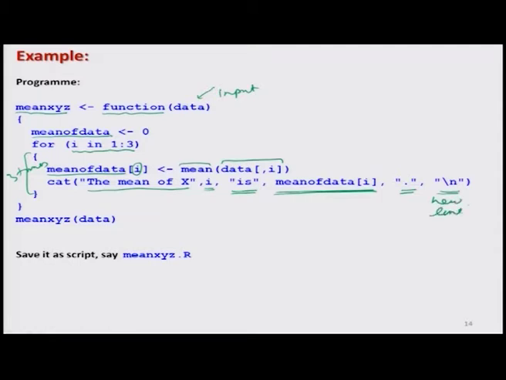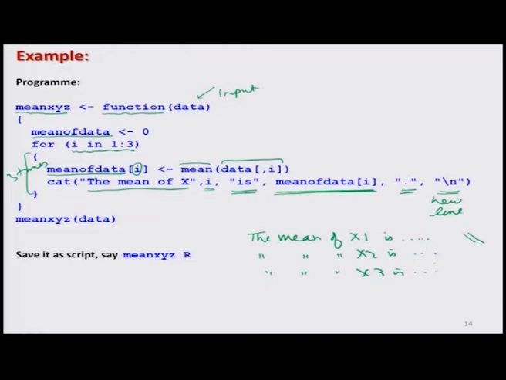So, I want something like the mean of x1 is whatever the value is, then a change of line, then the mean of x2 is this value, then on the third line the mean of x3 is like this.